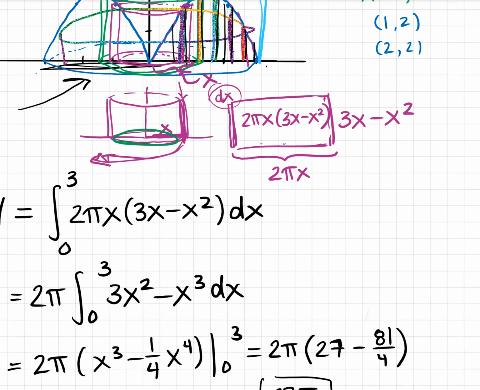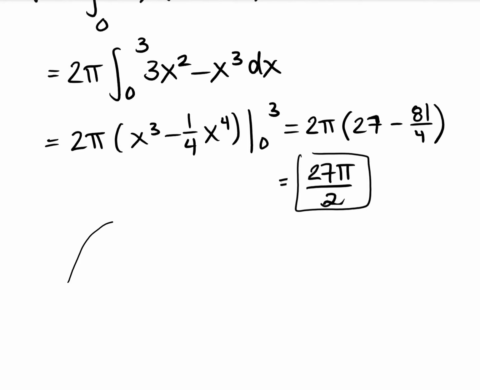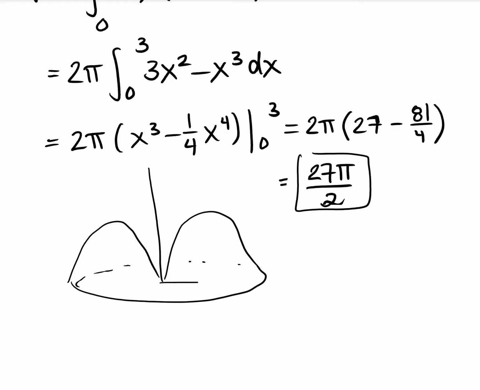Well, if I had a function like a bundt cake on my XY plane, here's my bundt cake. If I tried to do discs or washers, we'd have some issues.